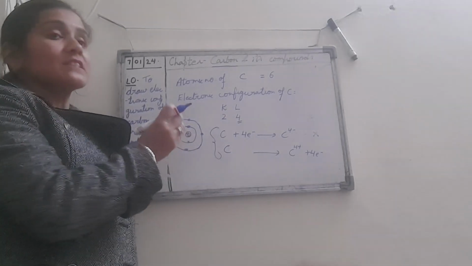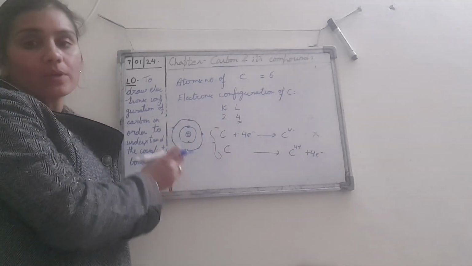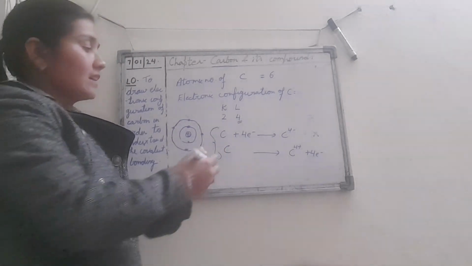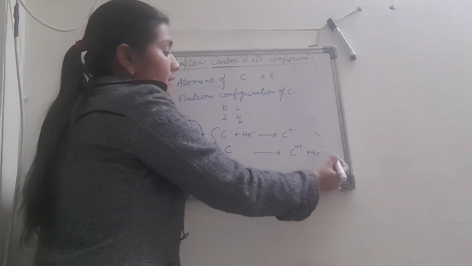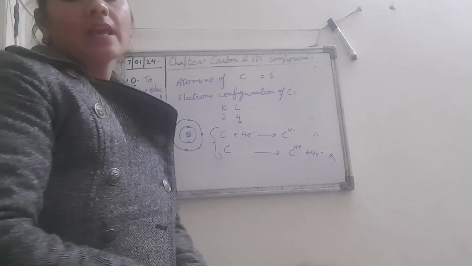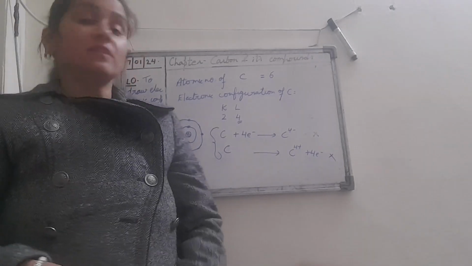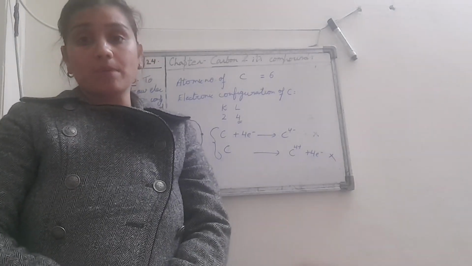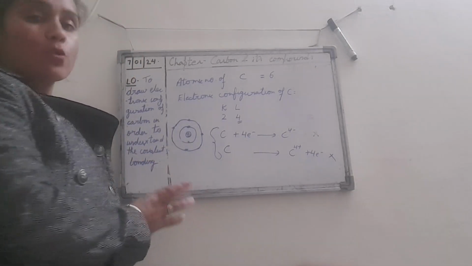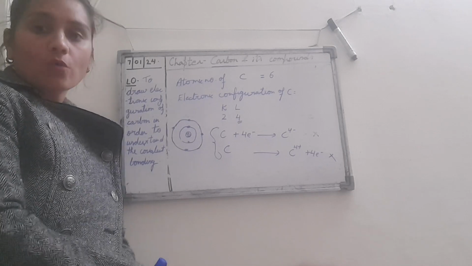So it requires so much energy to remove these electrons from the carbon atom. So it means carbon can neither gain electrons nor lose electrons. But still, as I told you, we find number of carbon compounds. How? It means the carbon cannot form ionic compounds, but the carbon can form covalent compounds.